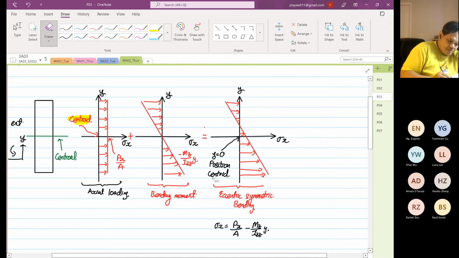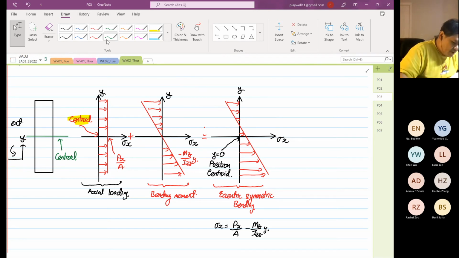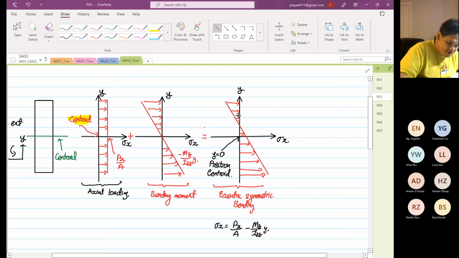Okay, of the centroid. So remember, I told you the centroid is a geometry feature. You use geometry to find. So now we can see that the neutral axis has been shifted. So this is the position of the neutral axis.